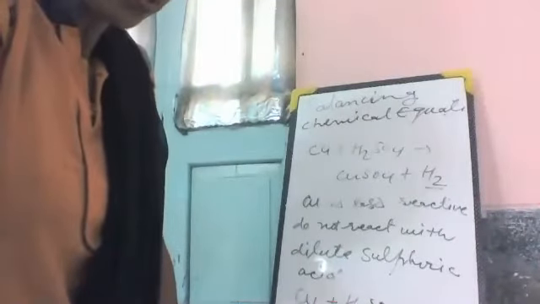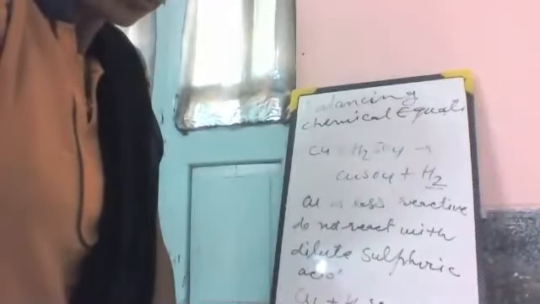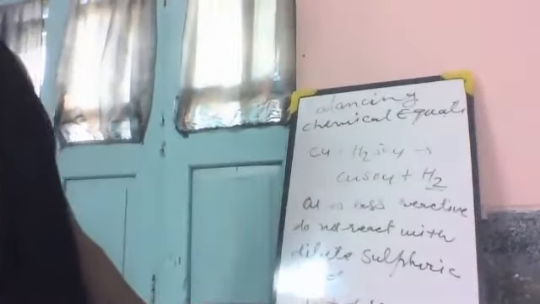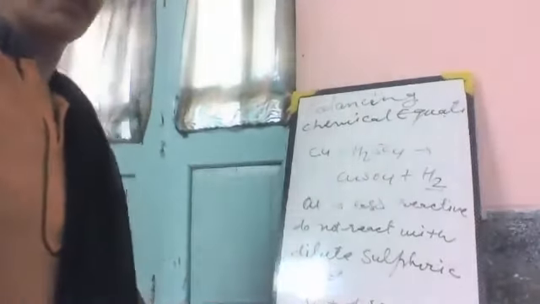Experiments also show that copper reacts with concentrated sulfuric acid to give SO2 and not hydrogen. Here it produces SO2 in place of hydrogen. This is all about the hit and trial method.